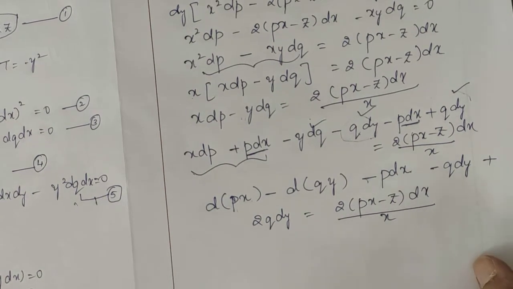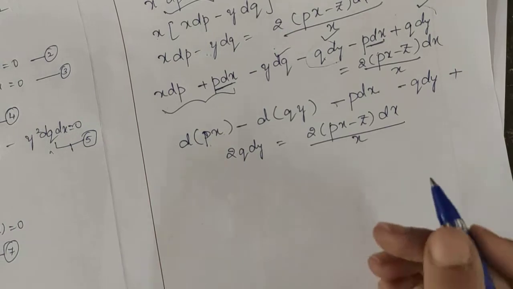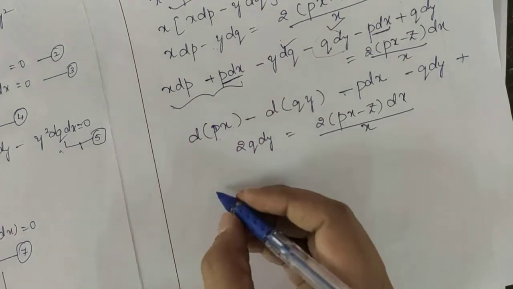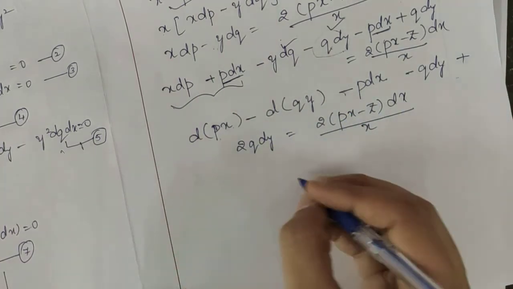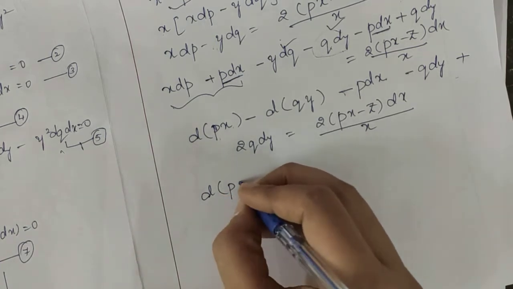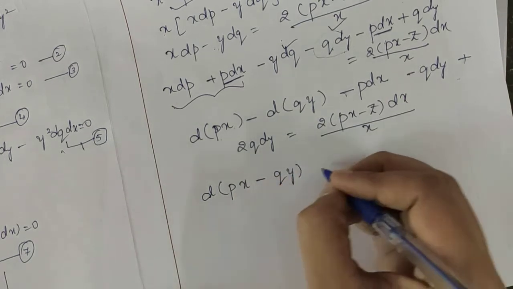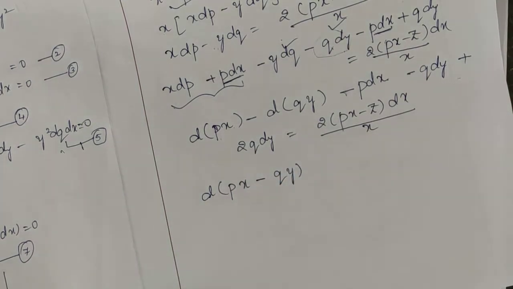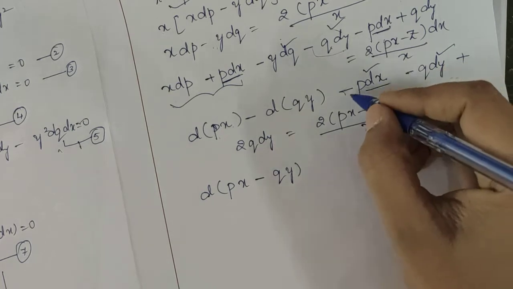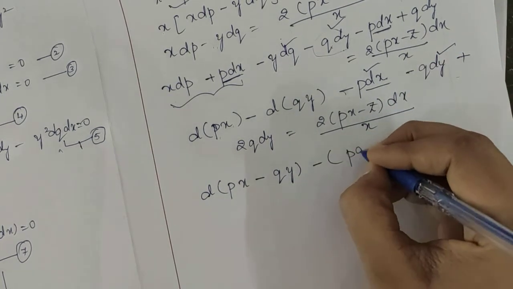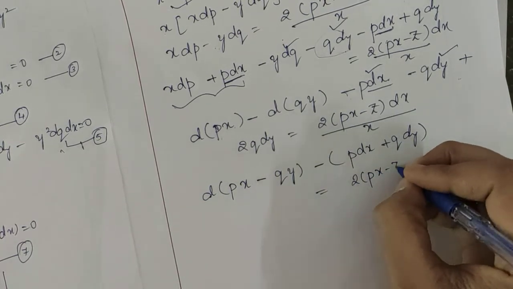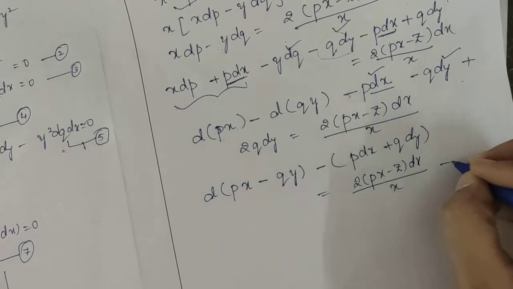So now next step what we can do is I will shift this 2q dy to my RHS side, and from these four things we can write differentiation of px minus qy, and from these two you can observe p dx, we can write this as minus of (p dx plus q dy) is equal to 2 times of (px minus z) into dx whole divided by x minus 2q dy.